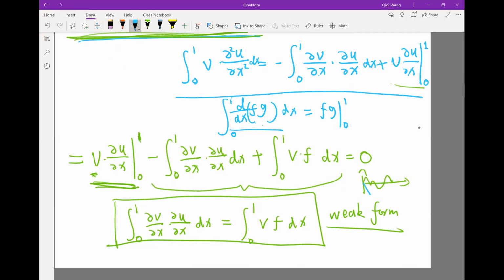If you choose another v that is like that, this equation also has to be true. You can choose any v as long as it is differentiable, and this weak form has to be true. That's actually what constrains the solution u. So u has to be the function that satisfies this equation for any v. Does it make any sense?